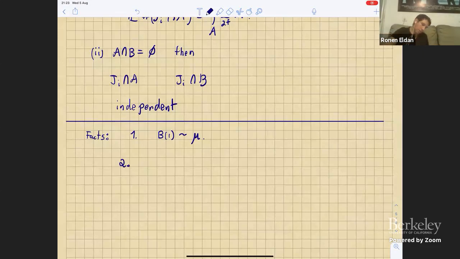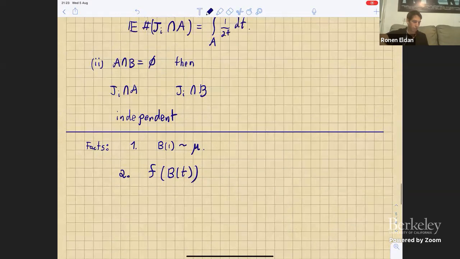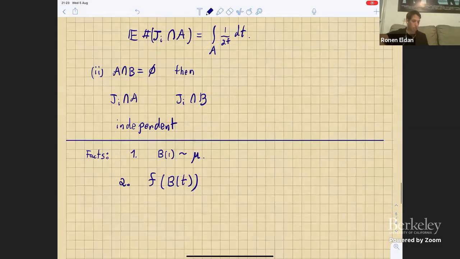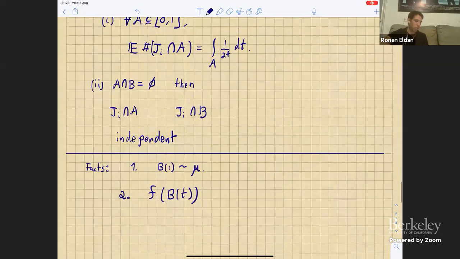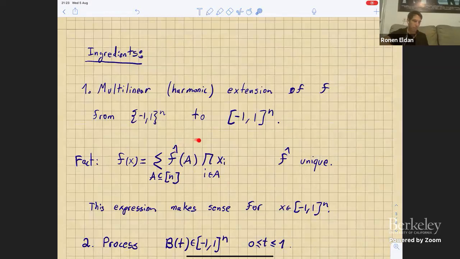Second, if I look at f of B of t, just to remind you, we started with some fixed function. We took this multilinear extension, and then as the argument to this multilinear extension, I'm taking this strange jump process.